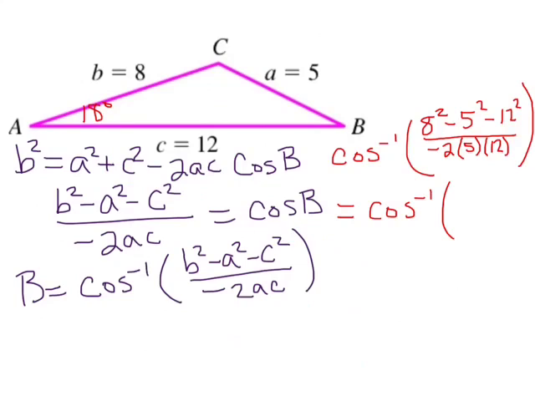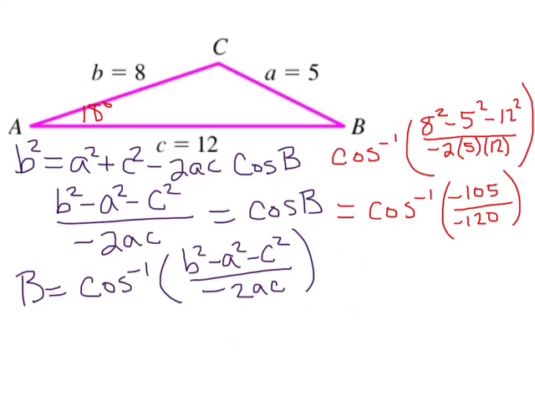I'll give you a second to think about that. Okay, well, it happens to be negative 105. And let's see, 2 times 5 is 10 times 12, negative 120.